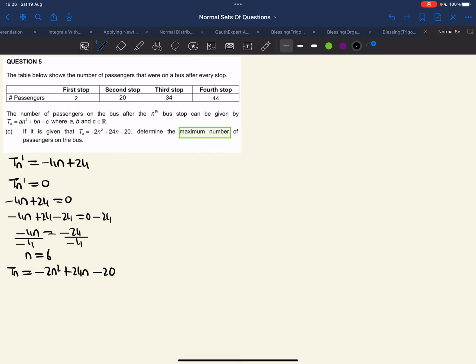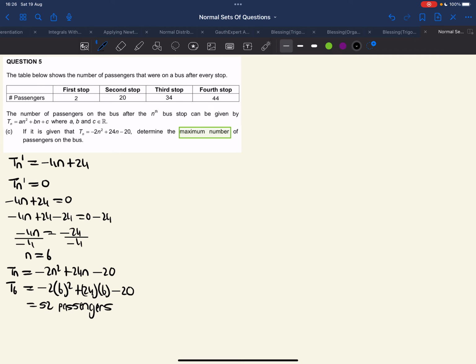Now we found that n equals 6, so T6 equals minus 2 times 6 squared plus 24 times 6 minus 20, which is going to be 52 passengers. So that will be the maximum number of passengers that we're looking for.